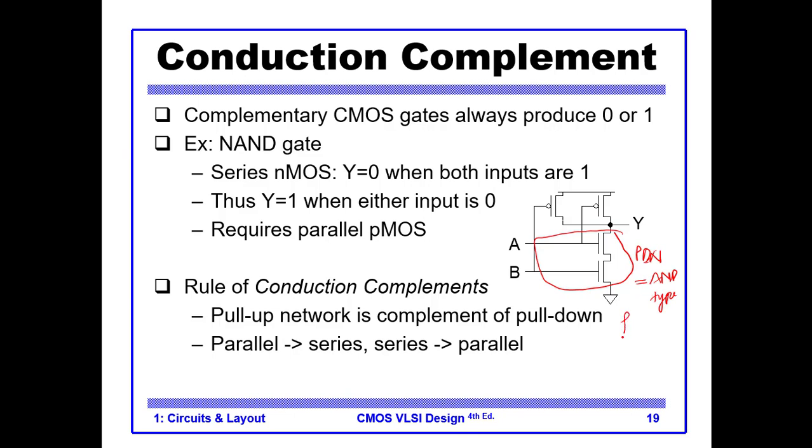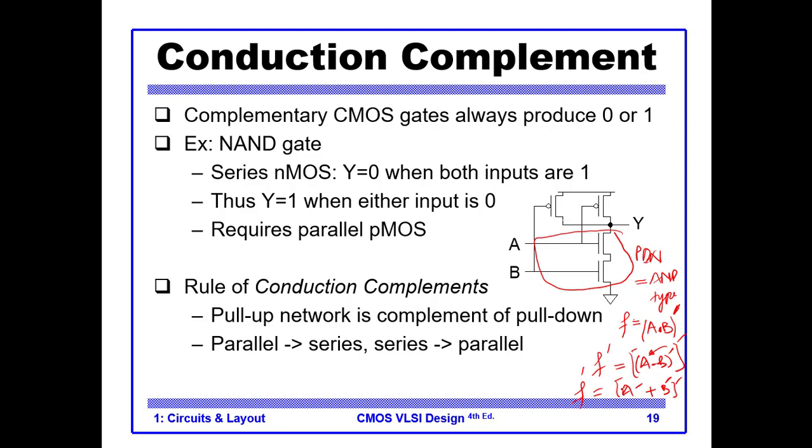So it means that our F is basically (A and B) bar, so our F bar should be (A and B bar) whole bar, which means our F bar is A bar plus B bar if I apply this complement inside the whole bar.